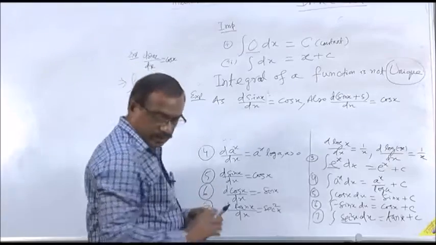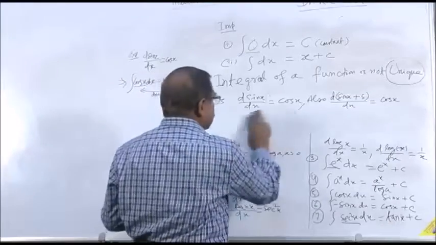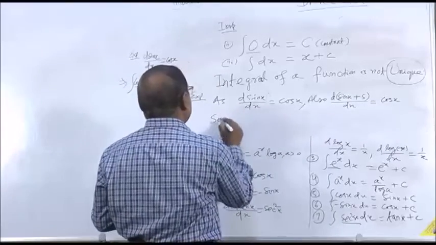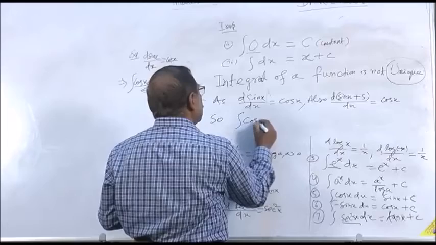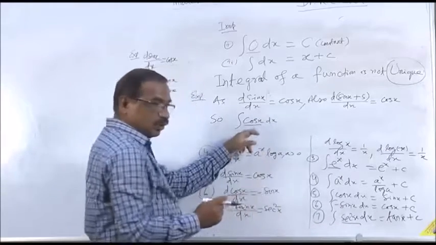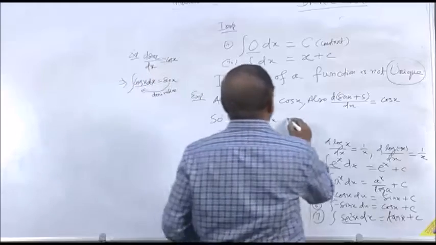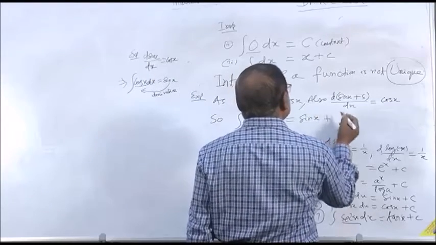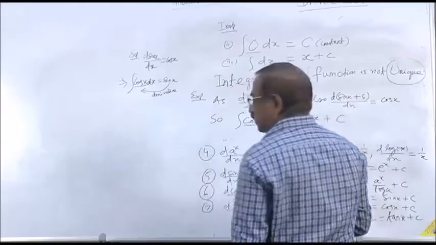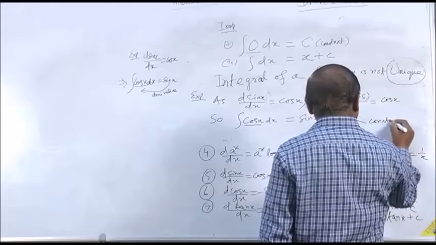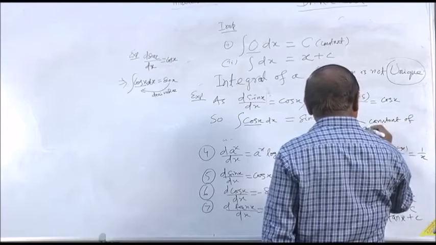So when we take the integration of cos x dx, we think whose derivative is cos x. It is sin x plus some constant, which is called the constant of integration.